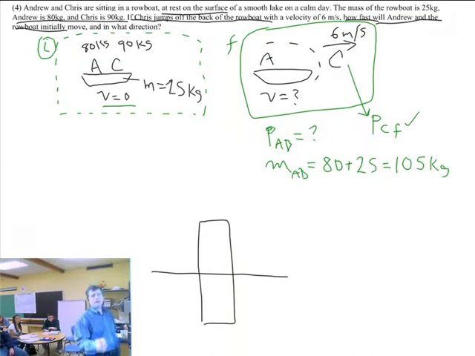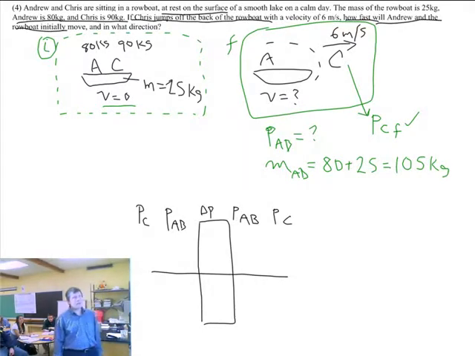So if we're considering Andrew and the boat together, then we'll have Andrew and the boat and Chris. Initial momentum of Chris, initial momentum of Andrew and the boat. Let's just make sure that nothing is changing the total momentum of the system.